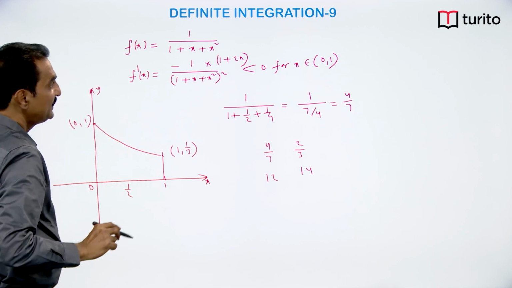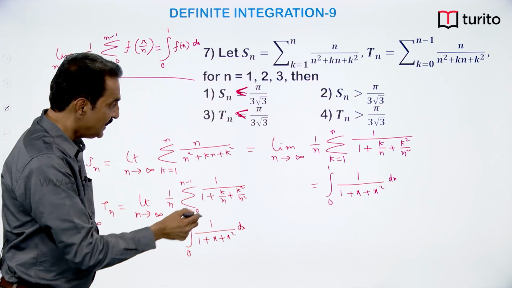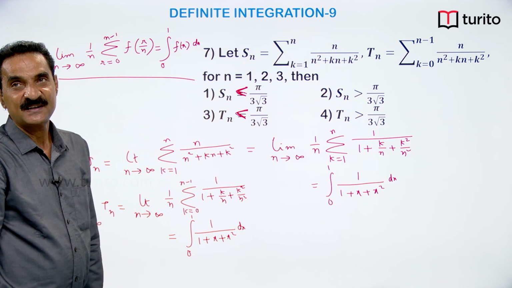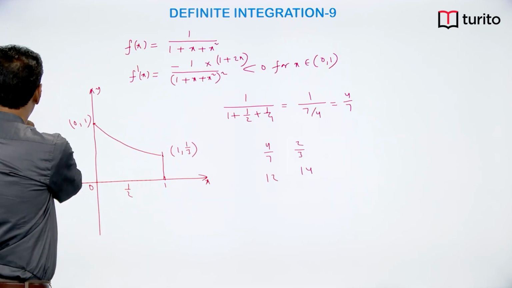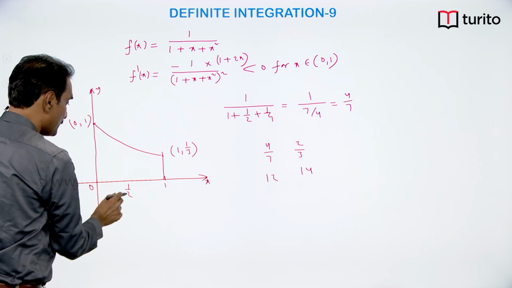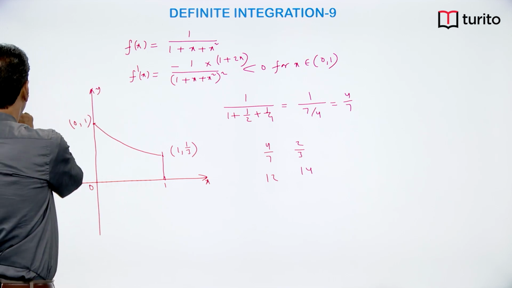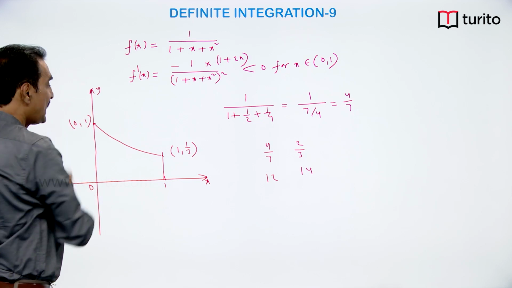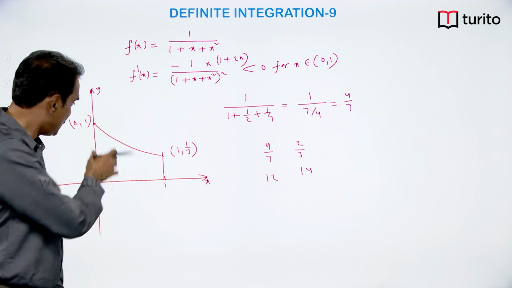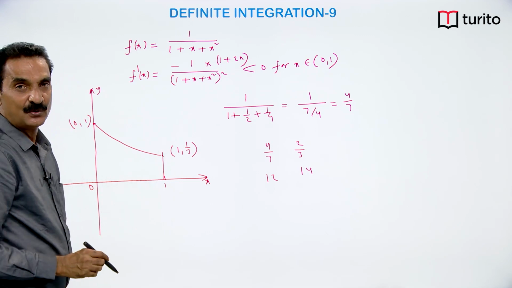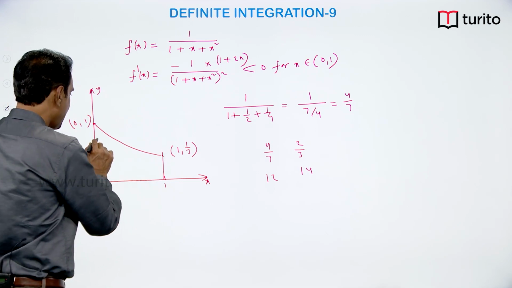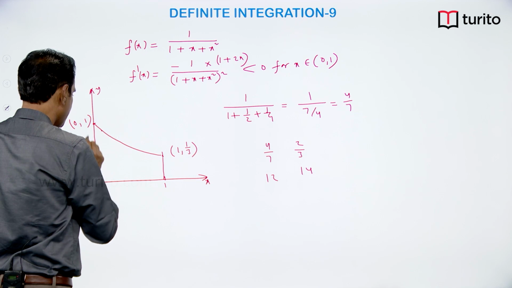Now, this definite integral, which one? Integral 0 to 1, 1 by 1 plus x square is nothing but this area. Now, you can calculate the area or sum of the values of the function by dividing this interval into n equal parts. So, divide this interval into n equal parts.